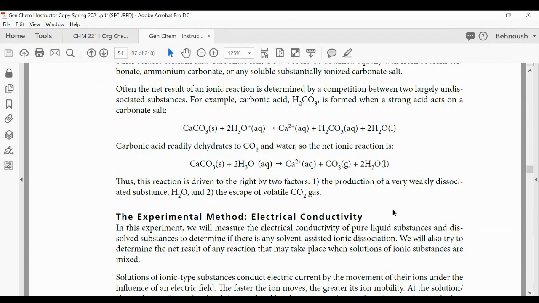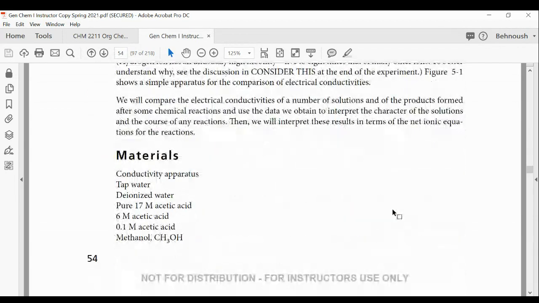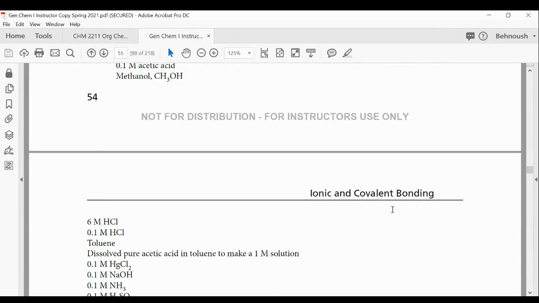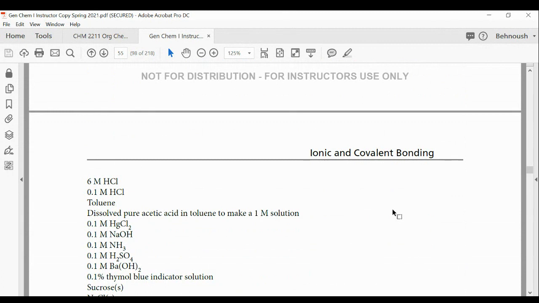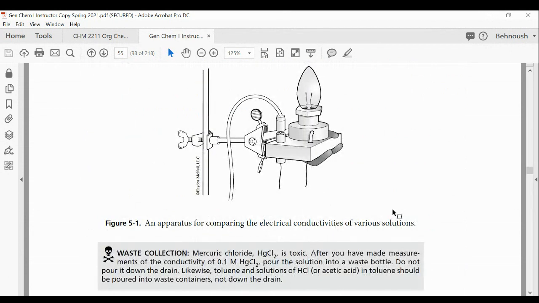In a chemical reaction, sometimes your reactants are electrolytes and the product is not an electrolyte, and vice versa. So if your reactant is a non-electrolyte and the product is an electrolyte, then you have to experiment or predict based on the chemical reaction. The simple conductometer that is used in the lab looks like this, and we have two poles.